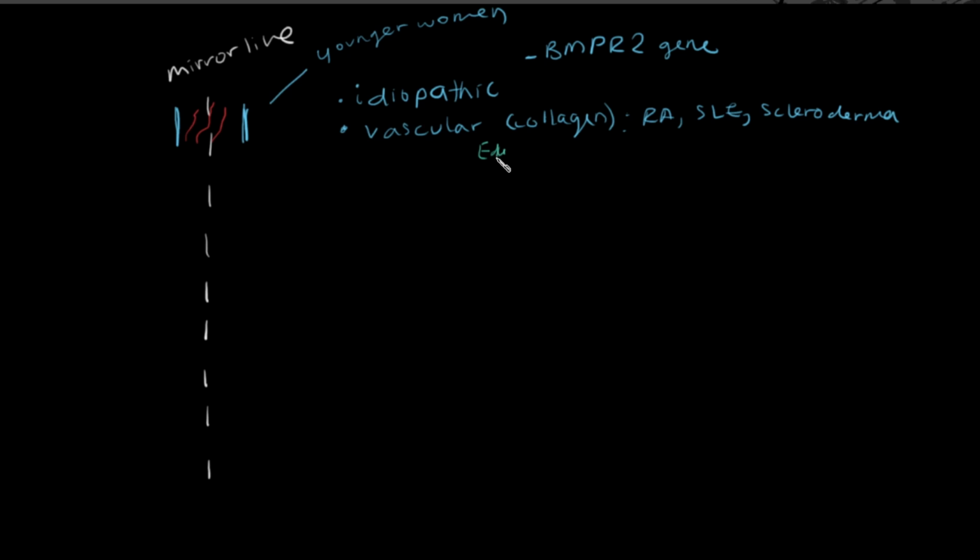There's one, an endothelin receptor antagonist, and then we have PDE5 inhibitors, and then we lastly have prostaglandin analogs.